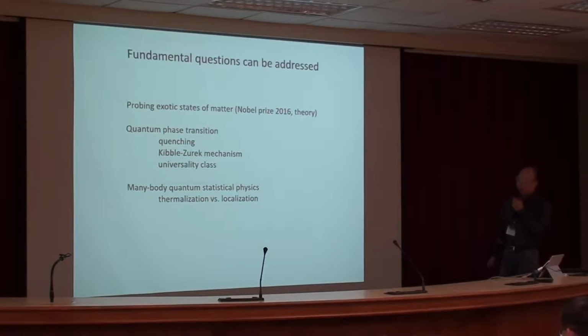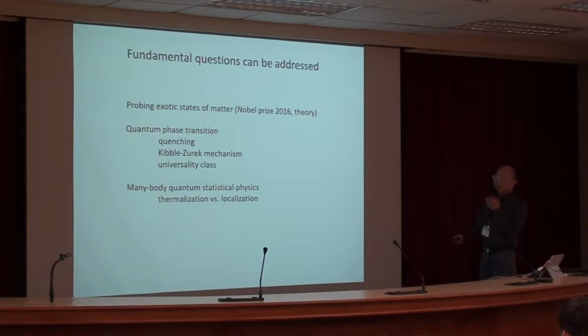Okay, so fundamental questions that can be addressed, just to name a few hot topics, include things we're discussing in this conference, such as probing exotic states of matter, as we know the Nobel Prize has been announced, but that is for theory. So that's some work for us experimentalists to do. And this system is a closed system at very, very low temperature, so it's good for studying quantum phase transitions, like quenching leading to, say, the Kibble-Zurek mechanism.